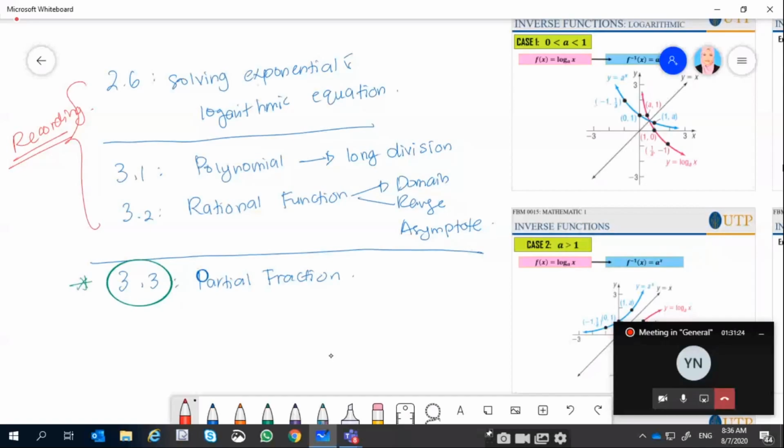Maybe for the second lecture next week we will do revision. 2.6, 3.1 and 3.2 are also included in the revision part. Is everything clear? Okay. So for partial fractions today, chapter 3.3.